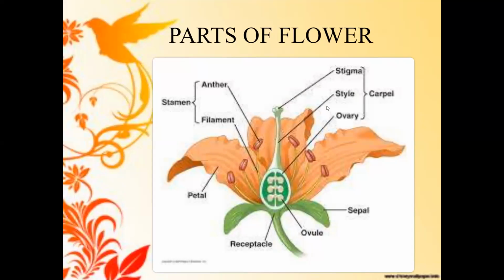The ovary is attached to the style, the elongated part. The apex part of the style and the ovary both combine to form the carpel. Ovules are present in the ovary part. Different types of placentation are observed in the megasporangium.